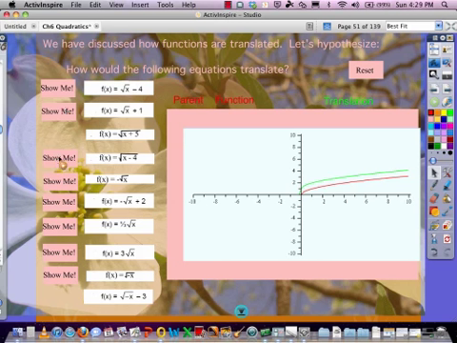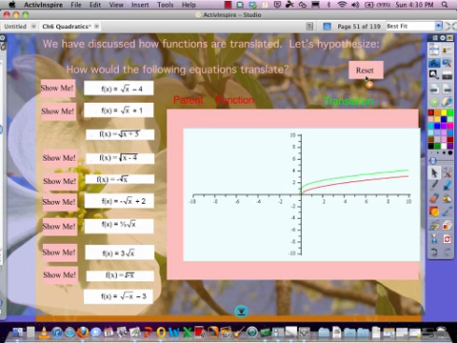So now let's go down to this next one, f of x equals the square root of x minus 4, where the x minus 4 is all underneath the square root. It's a little different than up here when it was outside of the square root. So what effect will this subtract 4 have on, and think of it this way, the x value, because that's what it's paired with, what it's grouped with underneath that square root.